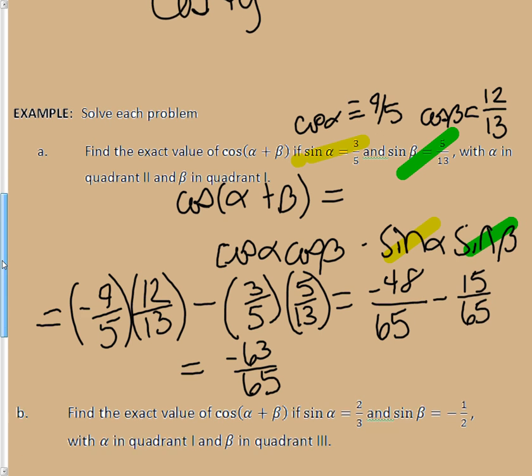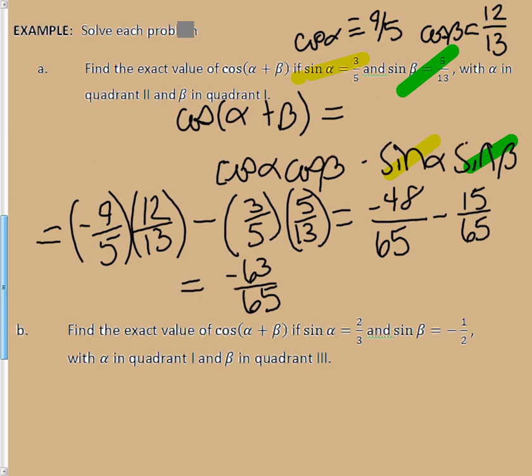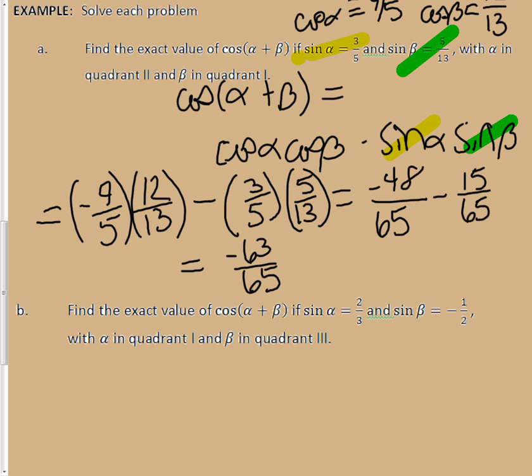So, as I go on to my next example, again they give me sine of alpha and sine of beta. I have sine alpha, and I have sine beta. Let me highlight that, not cross it out. So like before, I need to find the cosine alpha and the cosine beta.